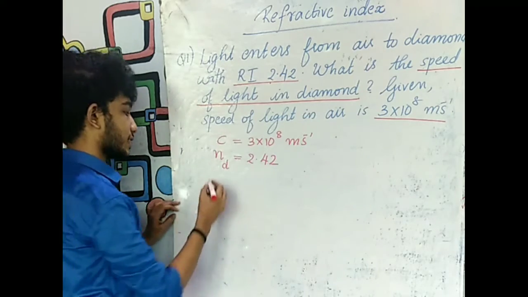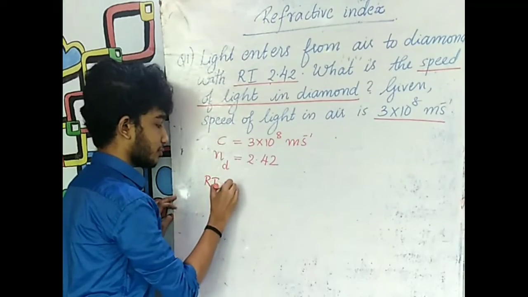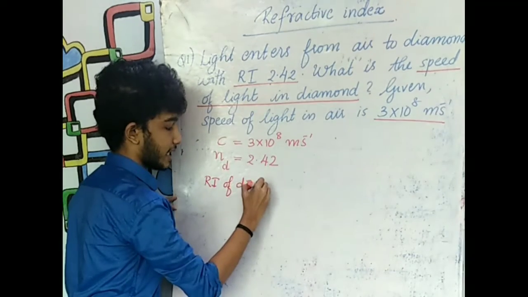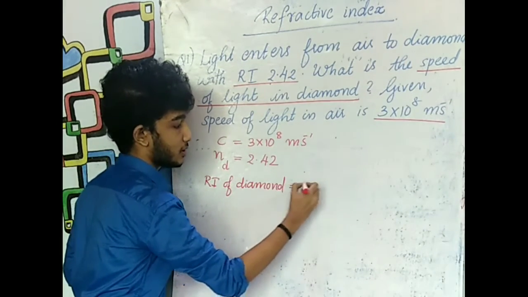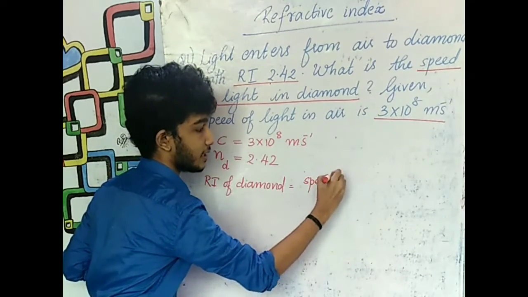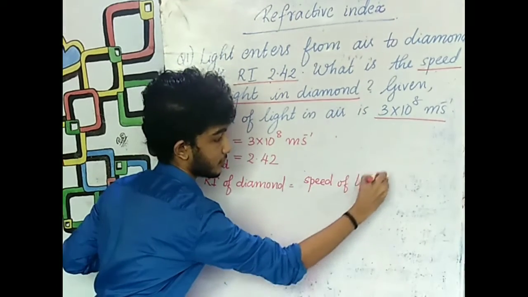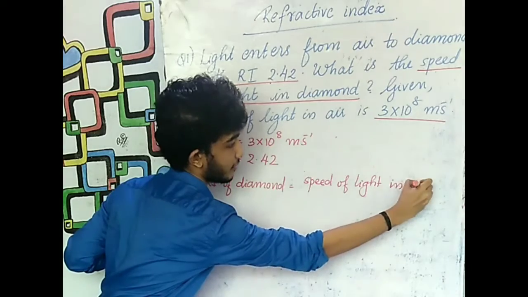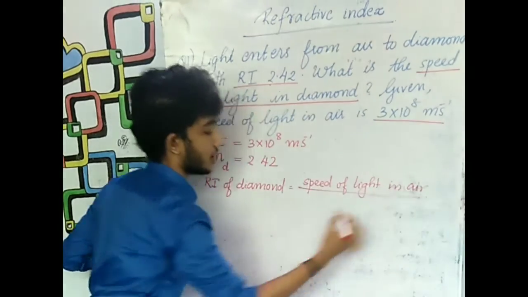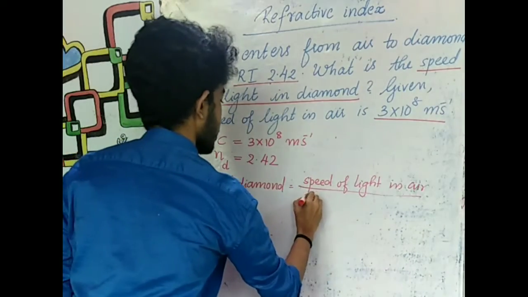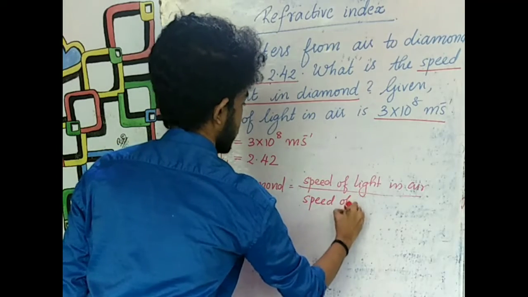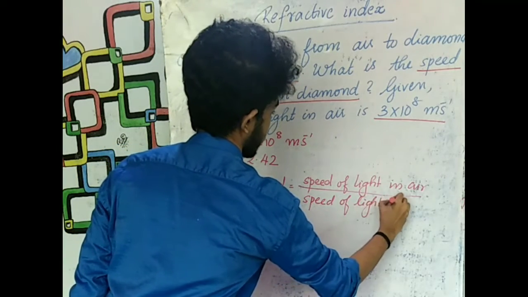Just now we have discussed: the refractive index of the medium, here it is diamond, is equal to the speed of light in air divided by the speed of light in diamond. This is the equation.